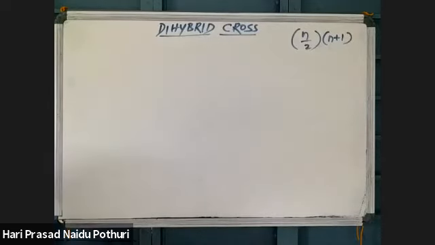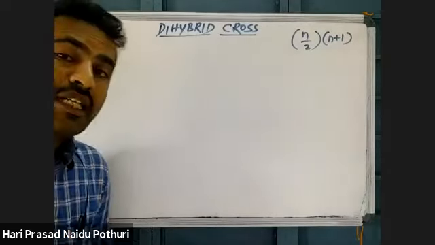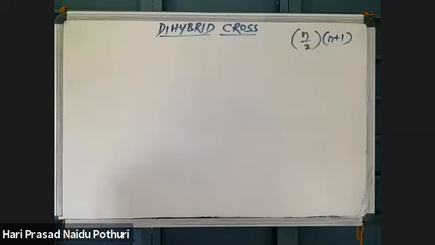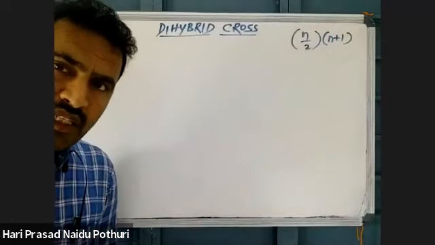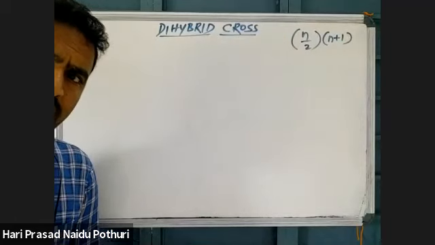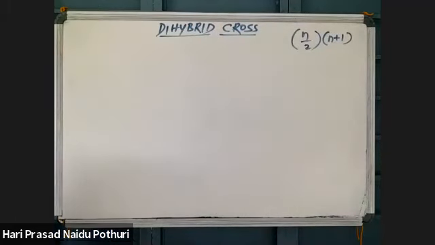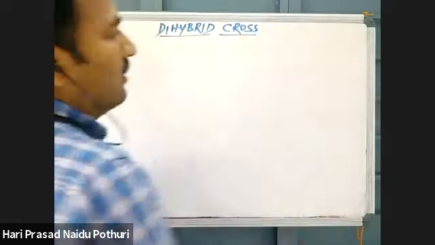Then with the help of that only, he explained incomplete dominance, complete dominance, multiple allelism, and pleiotropy. Then come to dihybrid cross.